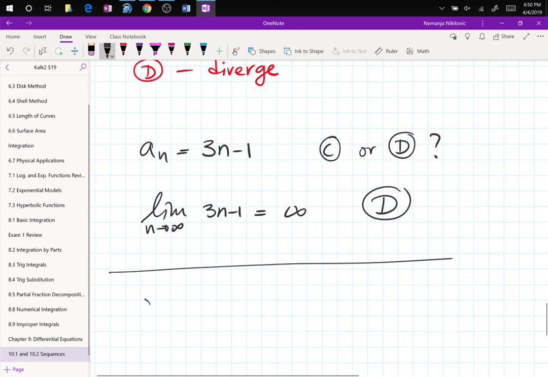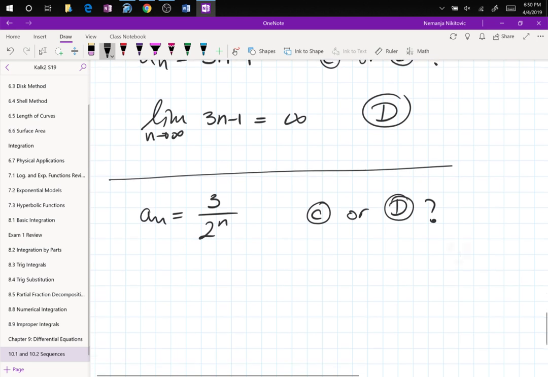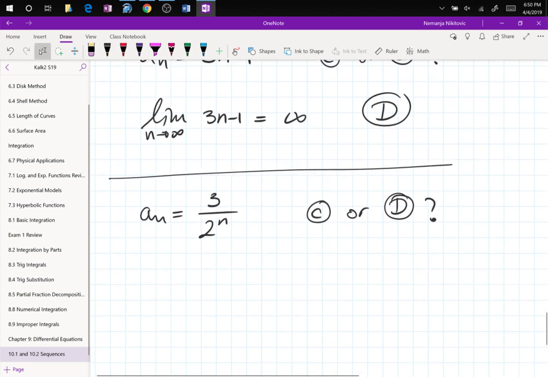So how about an is equal to 3 over 2 to the n, converge or diverge? Converge. Limit as n goes to infinity. This is our test.